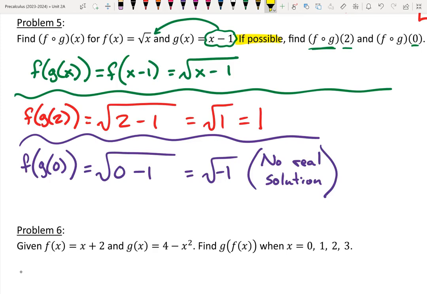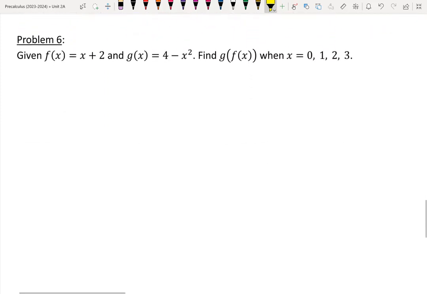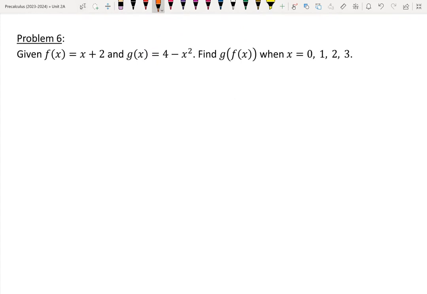All right, I want you guys to go ahead and do problem 6. You're going to be finding g of f when x equals 0, 1, 2, and 3. Does everybody have problem 5? Okay, so problem 6.